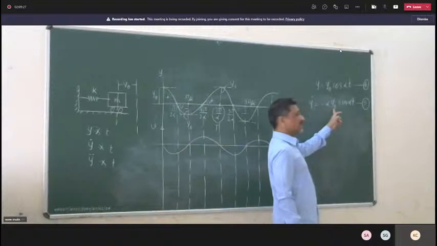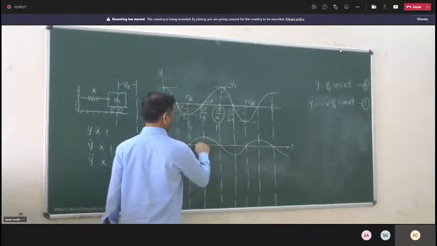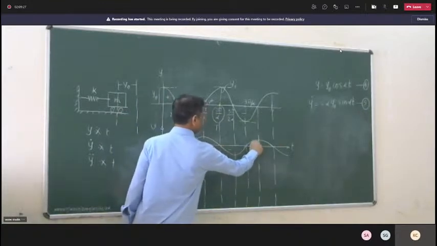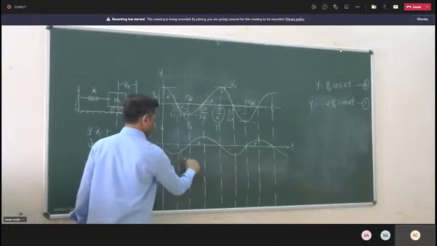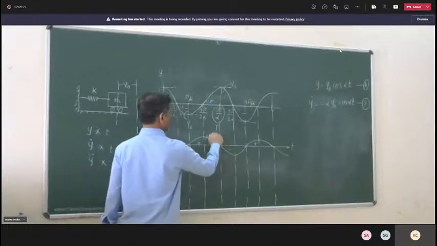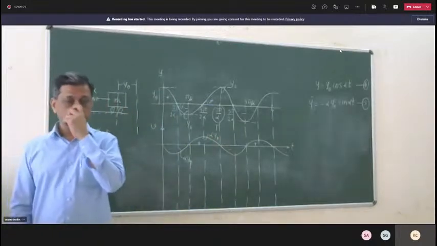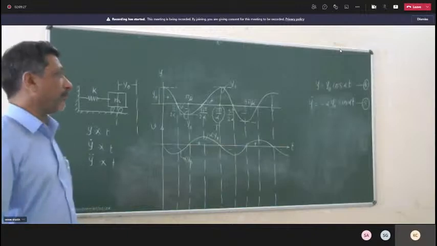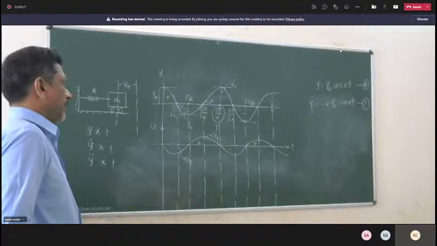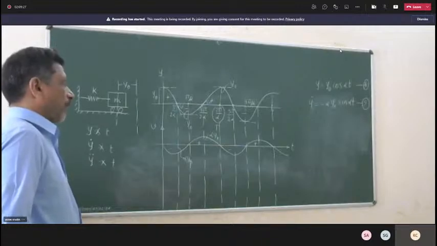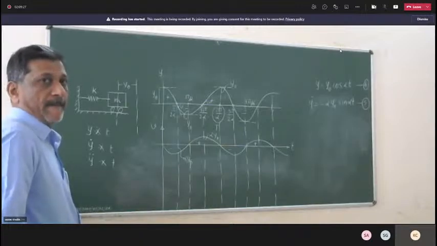So maximum velocity is alpha into y0, negative or positive. The maximum value is alpha y0. This is also, and so on. Agree?